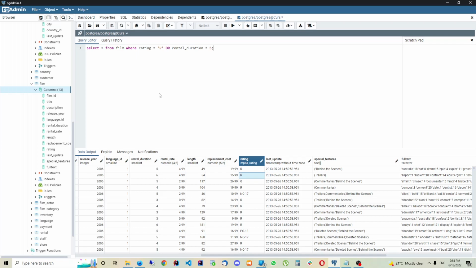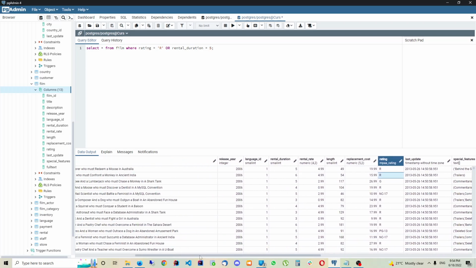And if you are familiar with a programming language, in every programming language there are these operators, AND and OR, and it is basically the same logic. But let's imagine multiple conditions.